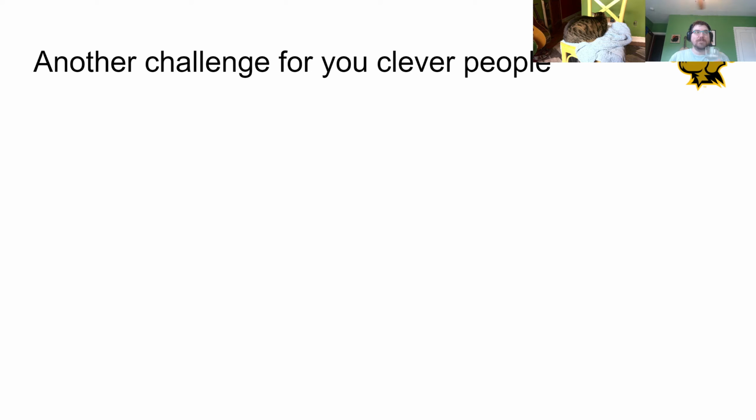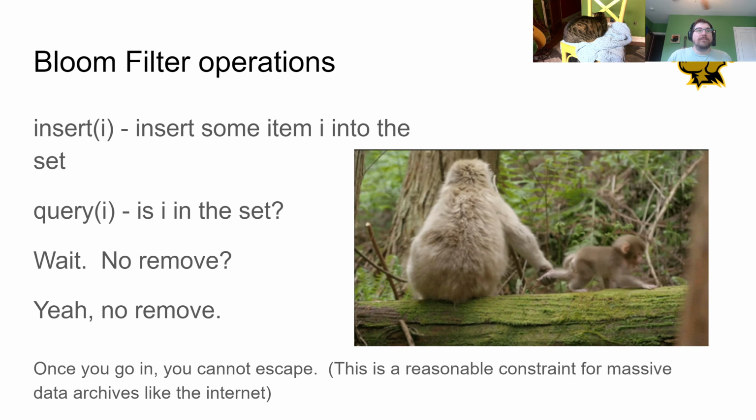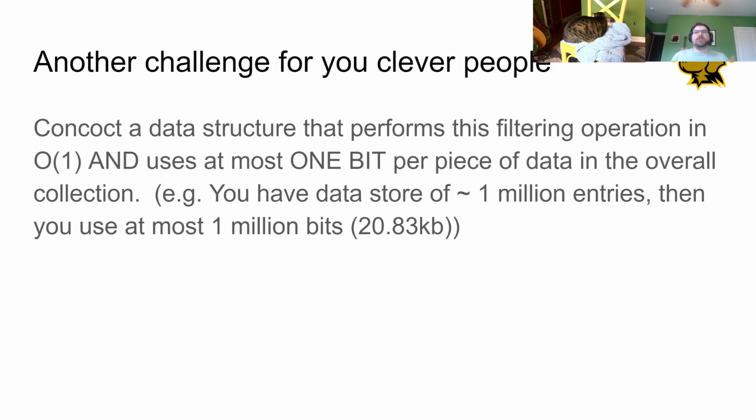All right, here's another challenge. Again, this works better in person, but we'll try it online. So we have insert and query. We need a data structure that performs this filtering operation, or these two filtering operations, insert and query, in constant time, and you use at most 1 bit per piece of data in the overall collection. So if you have 1 million things in your warehouse, you must use at most 1 million bits.